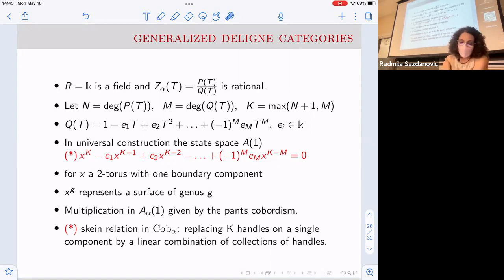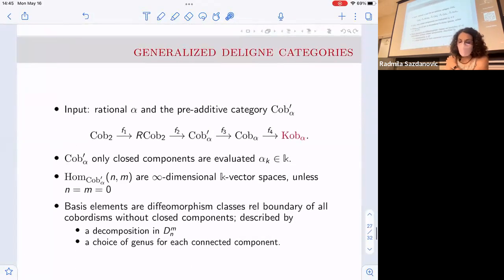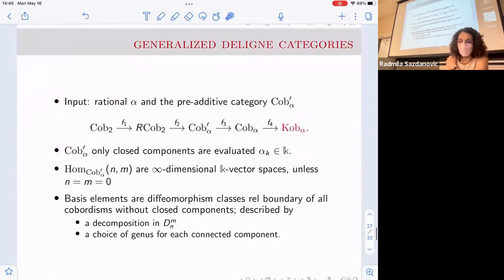Okay, so maybe another thing that I did not emphasize is that the multiplication in the space A alpha of one circle is given by the pair of pants cobordism, which is just a natural choice for it. Okay, so how do I get these generalized Deligne categories?